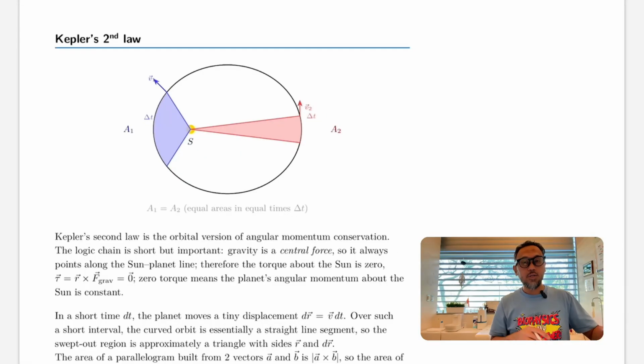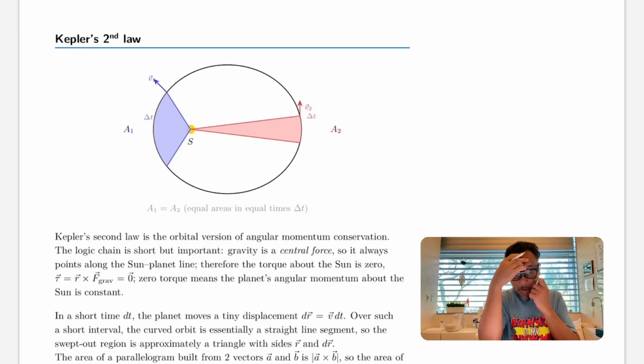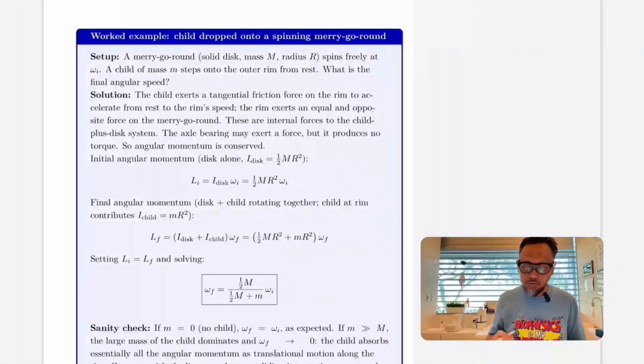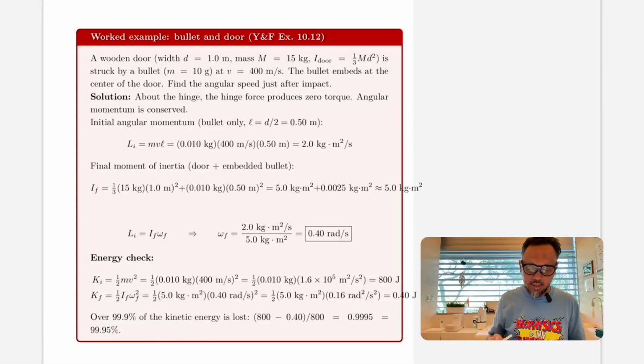All right, so next let's do something fun. The next topic is Kepler's second law. There is a lot of history in physics. For Kepler's second law, there are many people who made contributions before Kepler came up with that law.